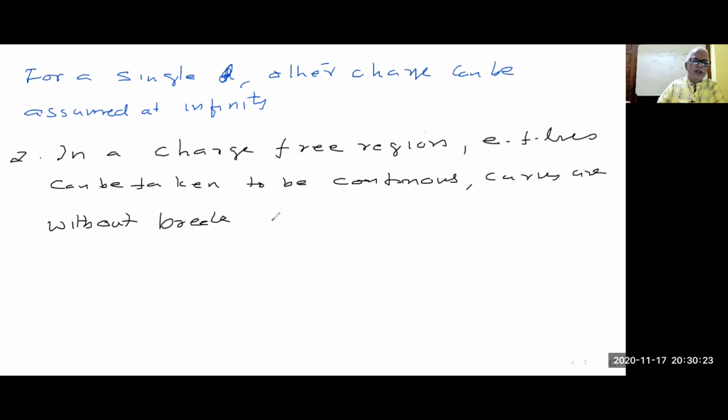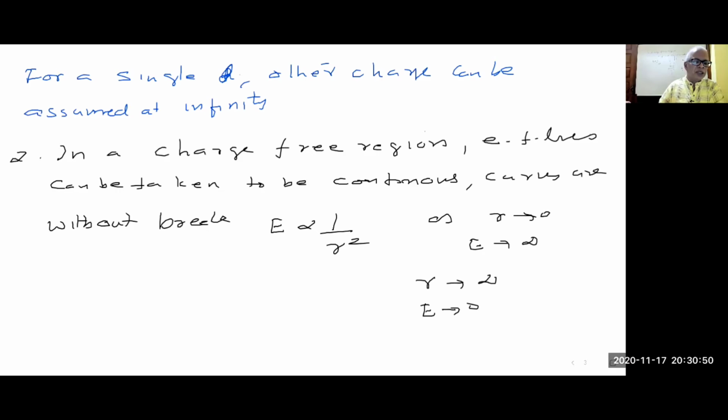So E is like 1 by R square. Charge cannot suddenly disappear to give a break there. As R tends to 0, E tends to infinity. When R tends to infinity, E tends to 0, but it never vanishes mathematically. It's a continuous function.